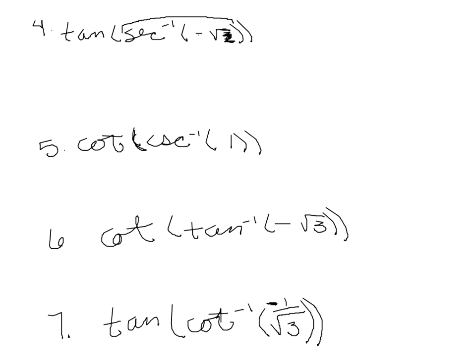That happens at 3 pi over 4. Now we evaluate tangent of 3 pi over 4, and that is in quadrant 2, so it's going to be negative.